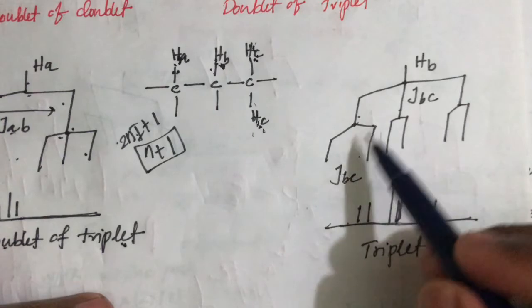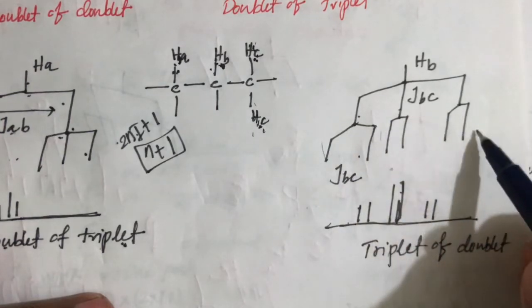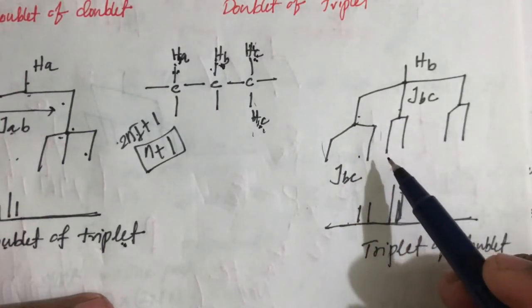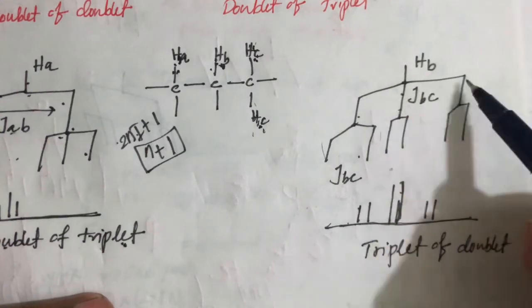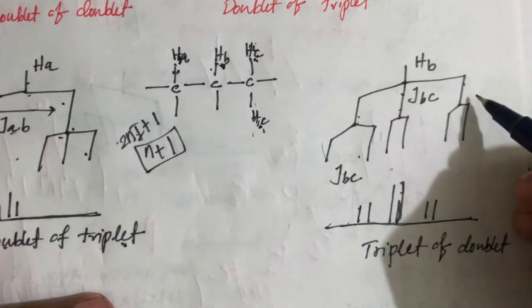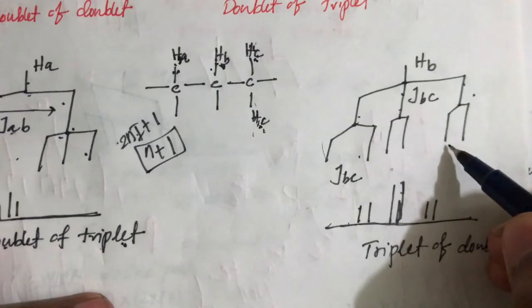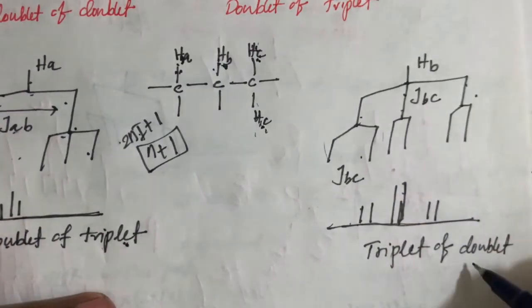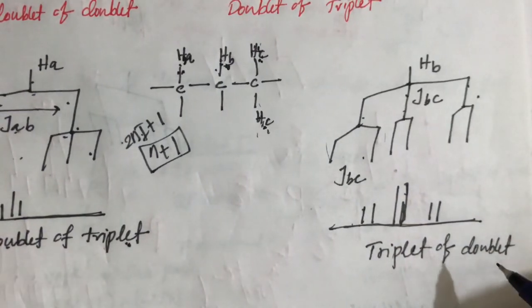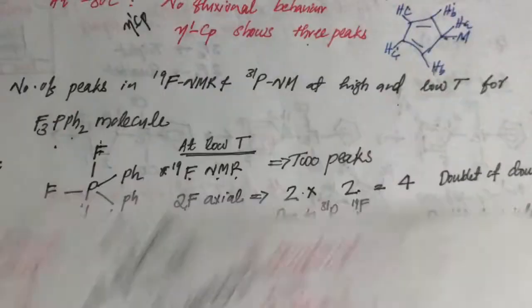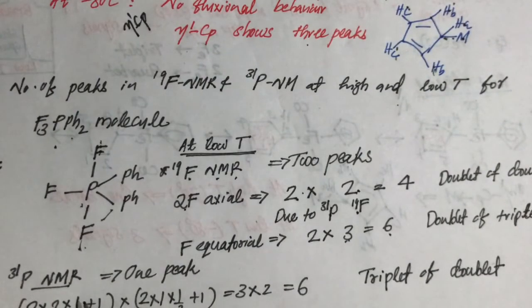Each splits into 2, that gives you triplet of doublet. First it is split into triplet, then it is split into doublet. That's why it is called a triplet of doublet. Okay, so the concept is clear.